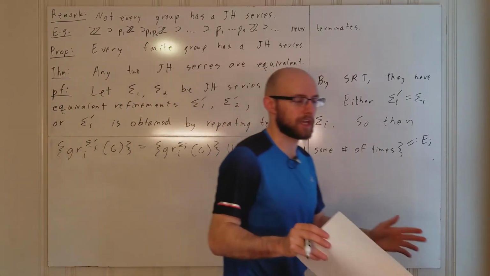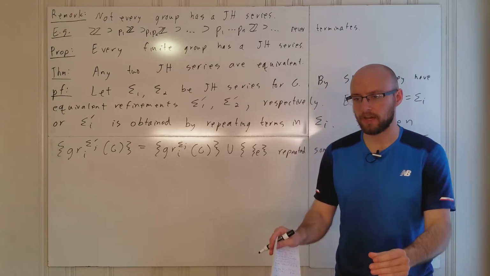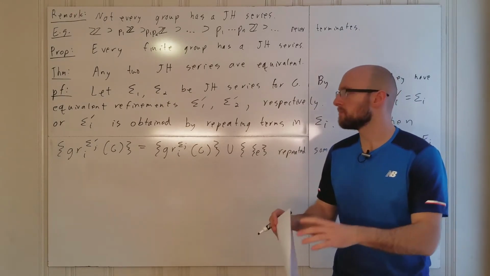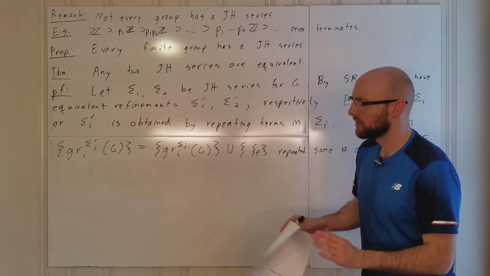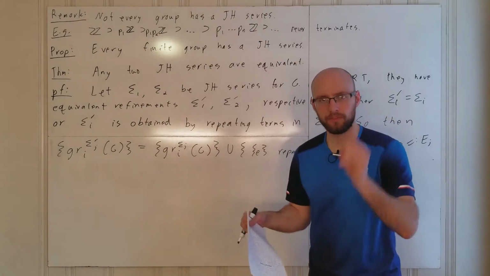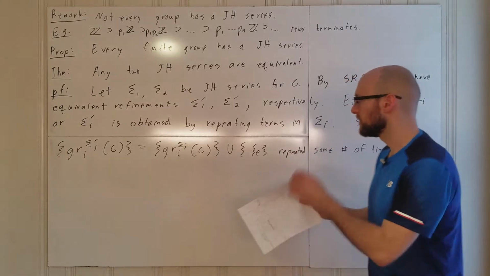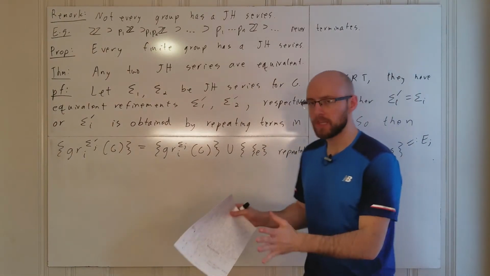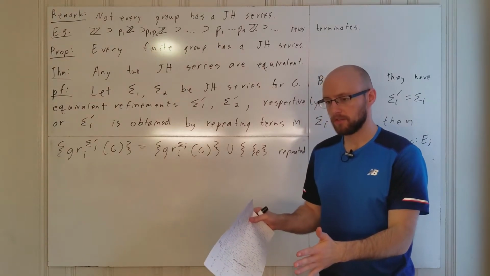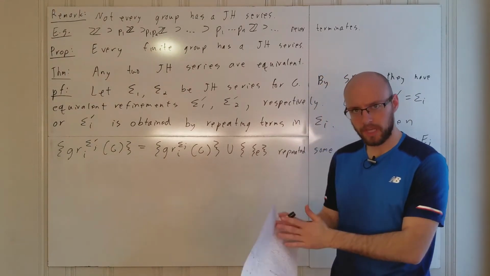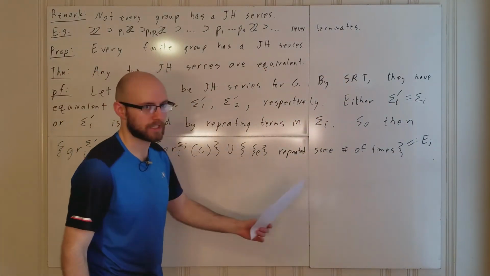Or if that's not the case, then one or both of them were obtained because you threw a whole bunch of extra subgroups in there. And so every time you throw a subgroup in there, these two subgroups are the same, and so the quotient is going to be just the identity.